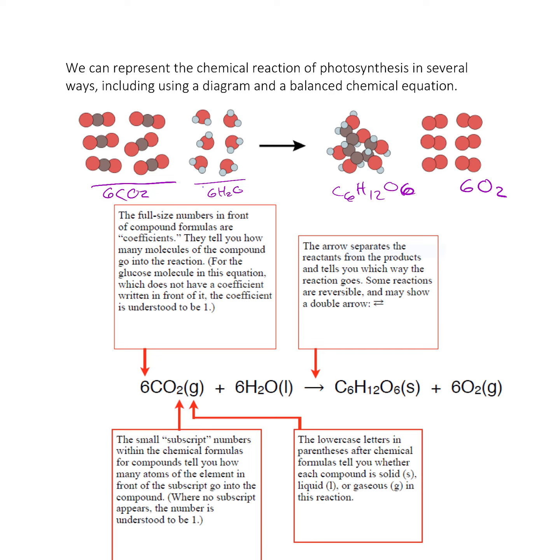And if we want to count them up, we can count them up any way you want. There's 18 oxygens on the left, and there's 18 oxygens on the right.